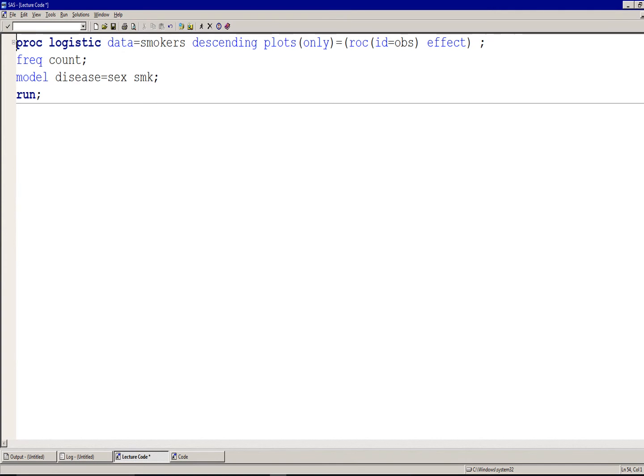I should say this is a little bit of old code. I think that you're going to get this curve as part of the default ODS output. I think that's true. If not, then you have this code to fall back on.